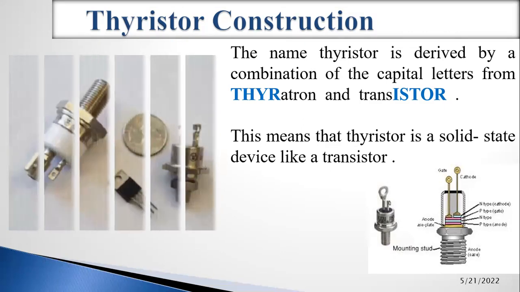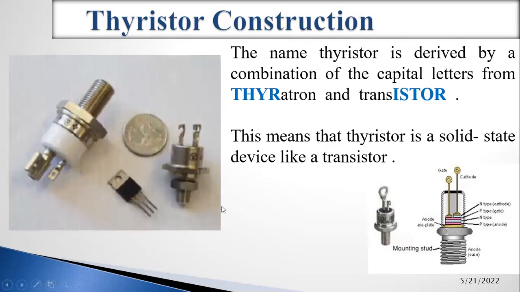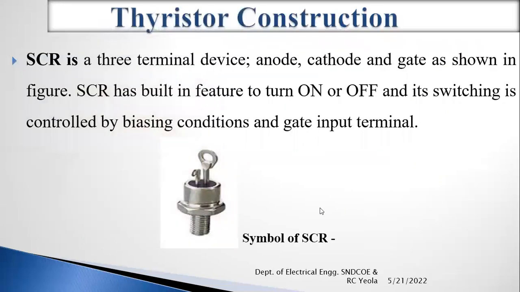In the figure, you can see the physical view of the thyristor, with N type, P type, N type, P type layers. These are the 4 layers, and it is a 3 terminal device: anode, cathode, and gate.